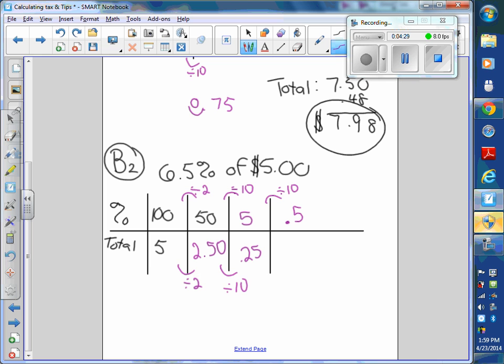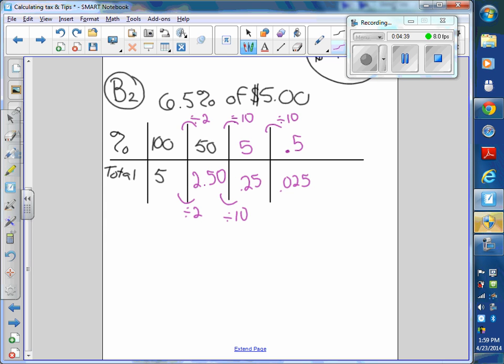So this becomes 0.025. I'm going to make that 3 cents. Does that make sense? And I could get 1% way over here by dividing by 100.